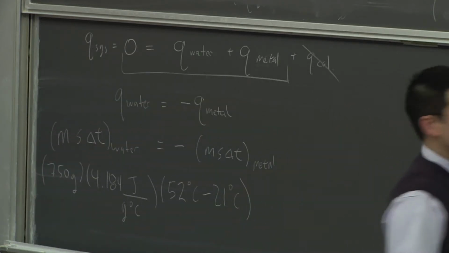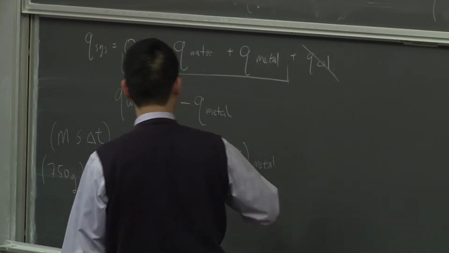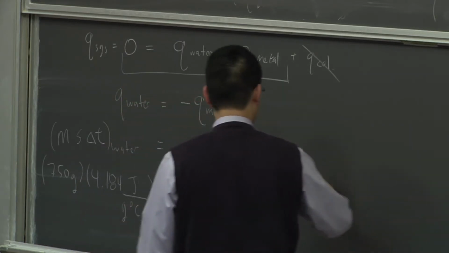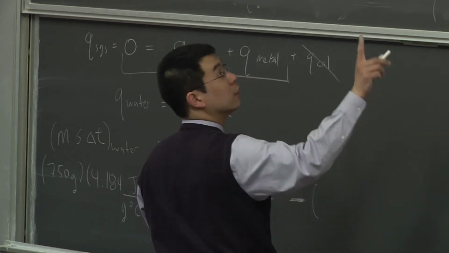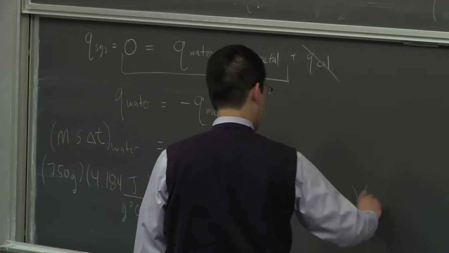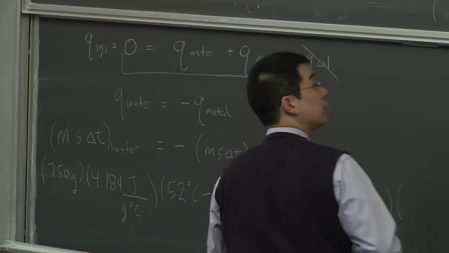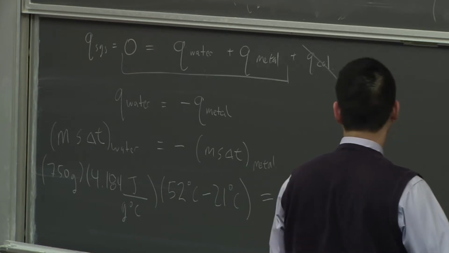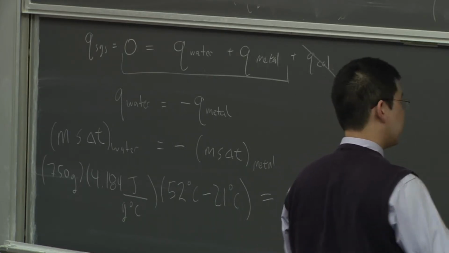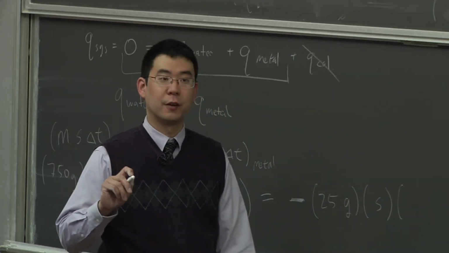Final minus initial. That's why I was getting confused. And that equals negative, don't lose your negative, M, which is 25 grams, S, which is, we don't know, and delta T is, what's delta T for the metal? Let's do the subtraction out. What is the final?